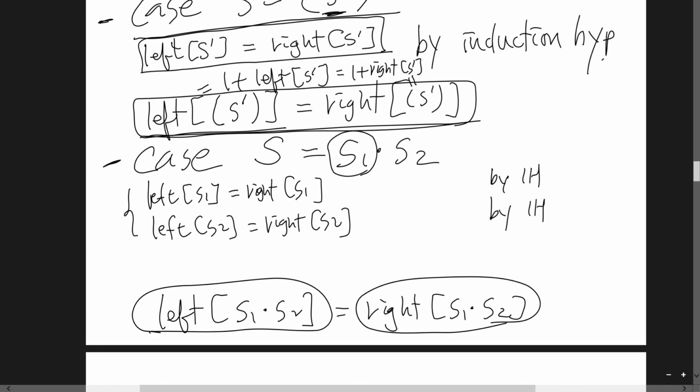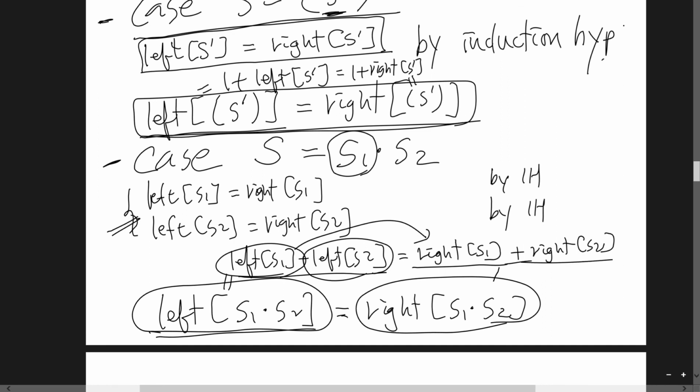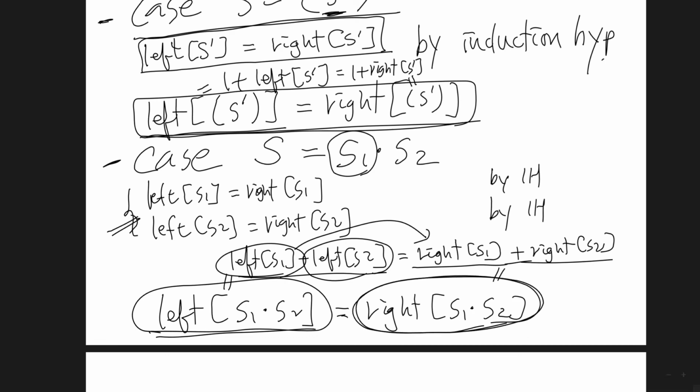It's also easy to show because, according to the definition, this is equal to left S1 plus left S2. Now let's apply these two equalities to this expression: left S1 is equal to right S1, and left S2 is equal to right S2, which is actually equal to the right-hand side. So we have finished the proof.